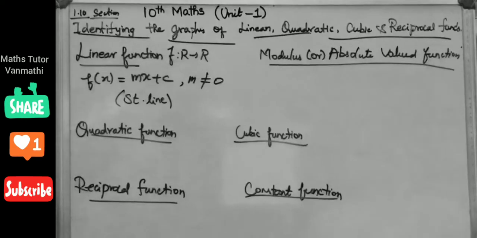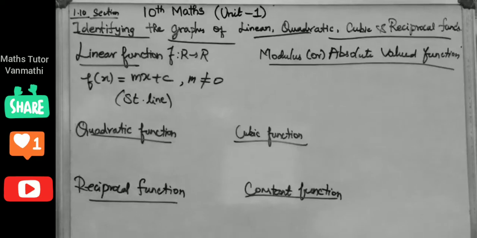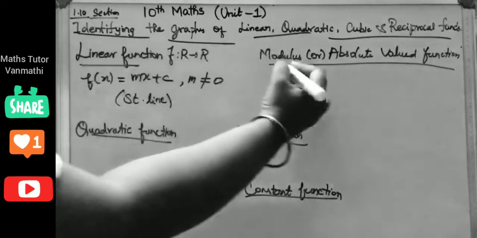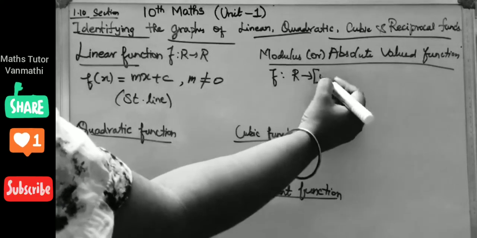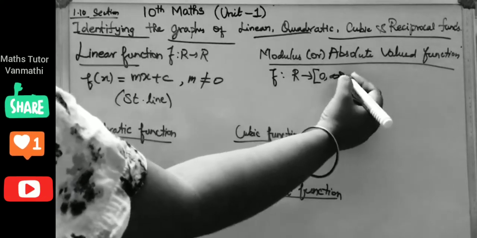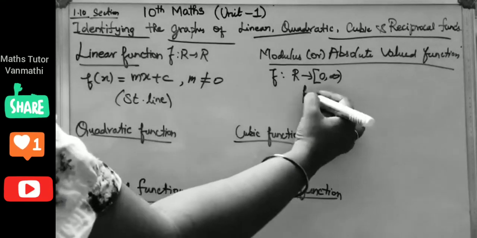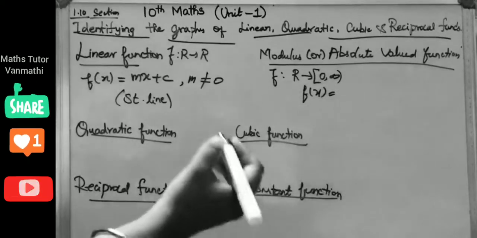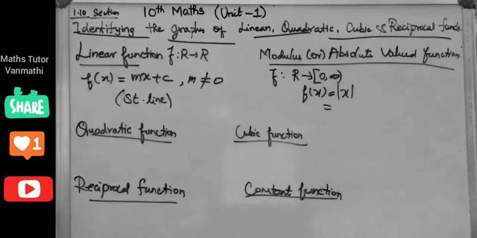Next we can see the modulus or absolute valued function. Here a function f from R to 0 comma infinity is defined by f of x is equal to modulus x, and this modulus x can be written in two ways.